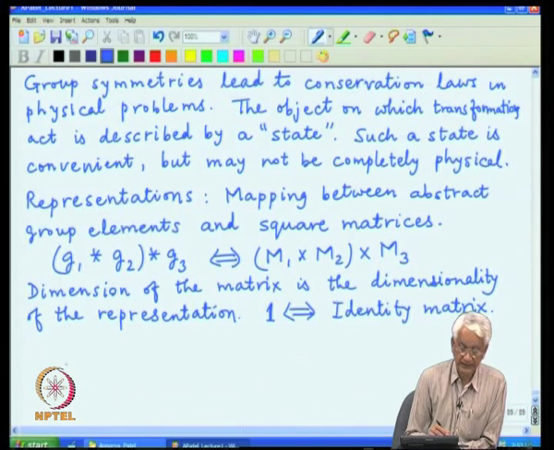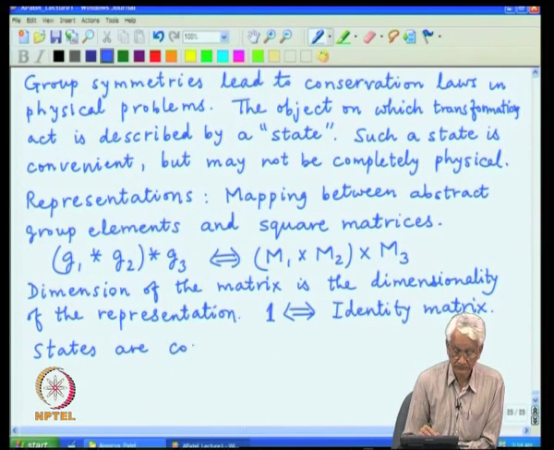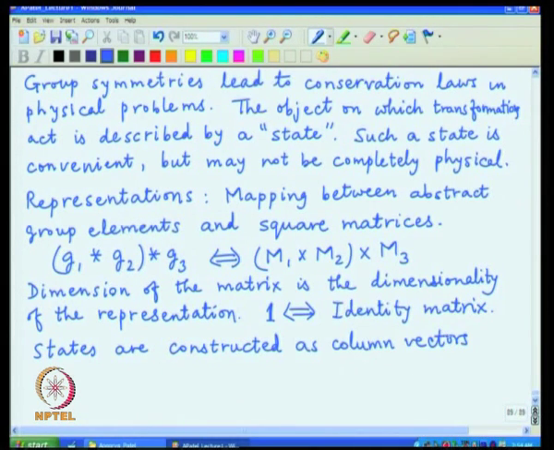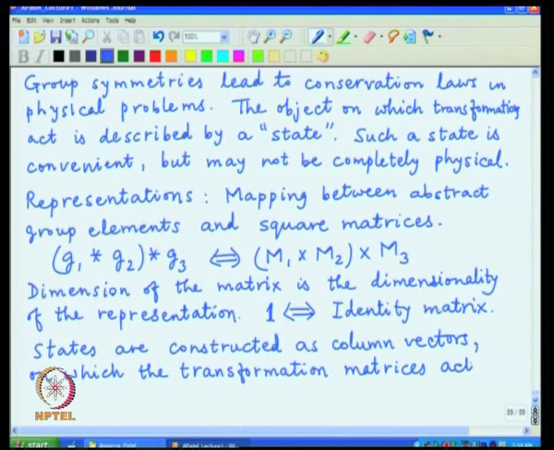The states are then constructed as column vectors on which the transformation matrices act.